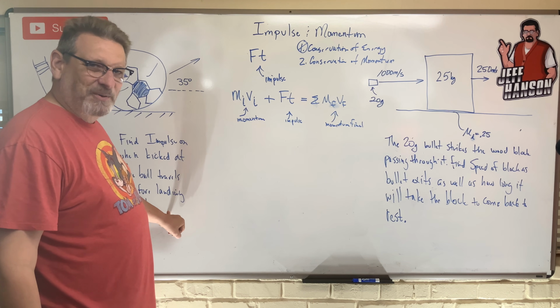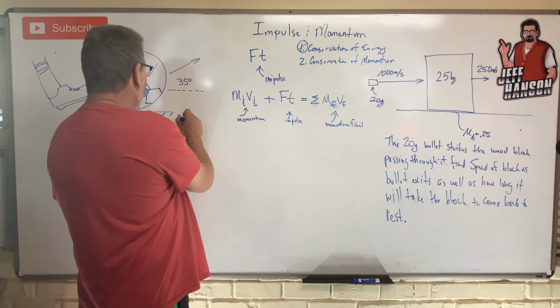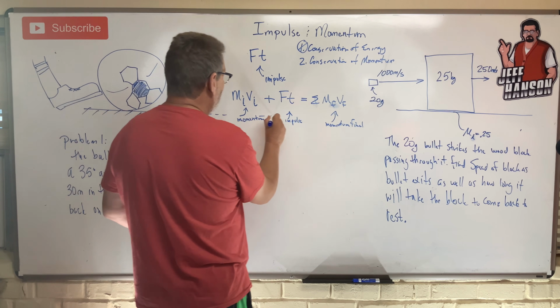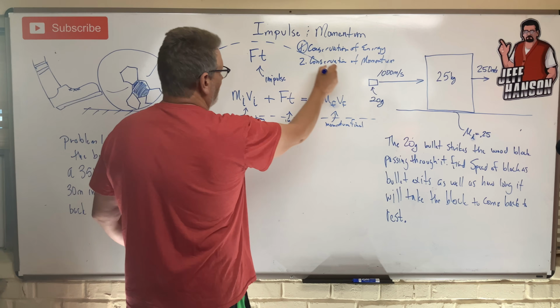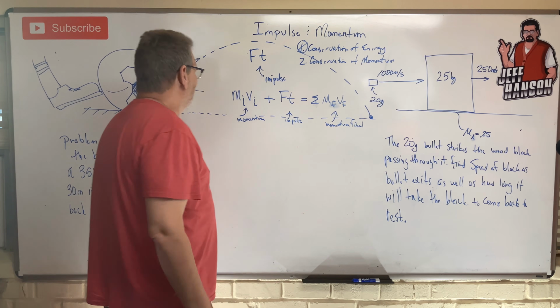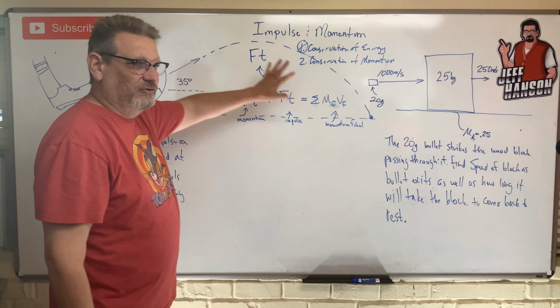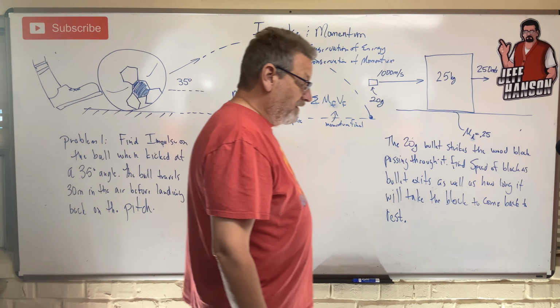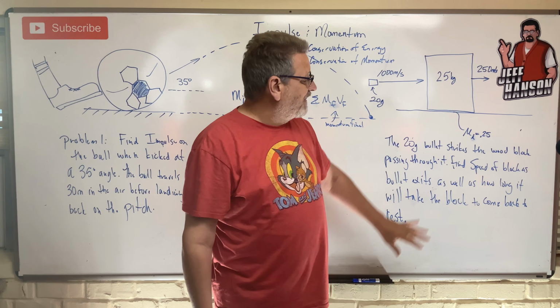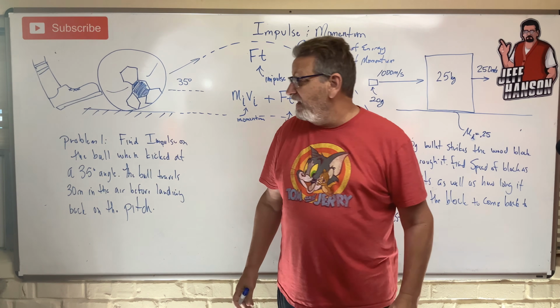That sounds like projectile motion, doesn't it? Now we're going to assume that the pitch is flat, and when the ball goes up, the ball comes down, and it lands at the same height that it took off at. So that's pretty easy to say. So we'll work that problem first, then we'll come do this one second. We'll show you how to do that problem.